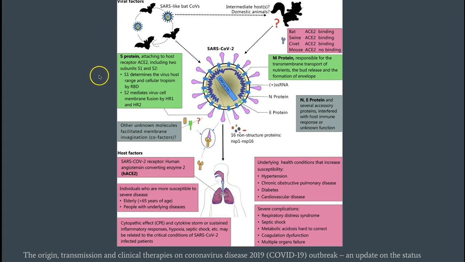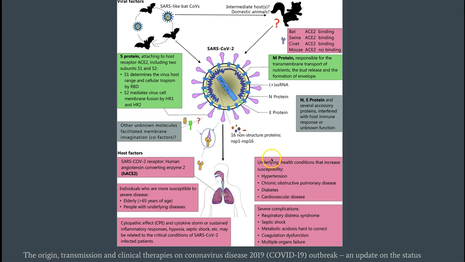So this is a study that talked about COVID-19, but it's very applicable to SARS and MERS as well, because in terms of host factors, SARS CoV-1 infects human angiotensin converting enzyme 2, and both of them are much more common and prevalent in those who are elderly and those with underlying diseases such as hypertension, COPD, diabetes, heart disease.